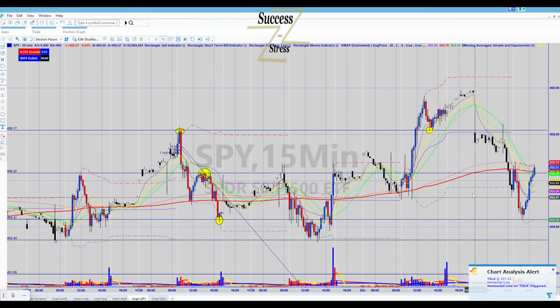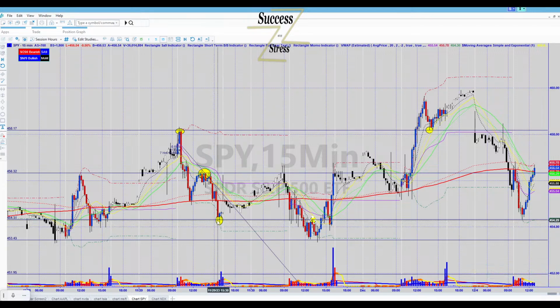All right, but what else happened at this point here, 454.42? I don't think that's significant there. Maybe the top of this consolidation area here.